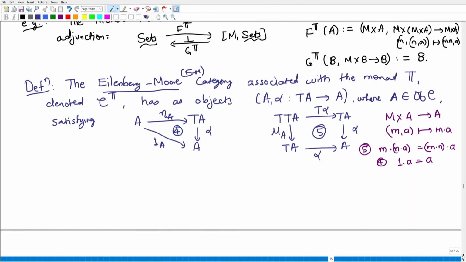So good. So the Eilenberg-Moore category associated with this monad has these as objects, and what as morphisms? Well, let me say that.